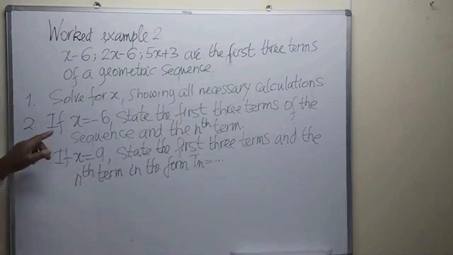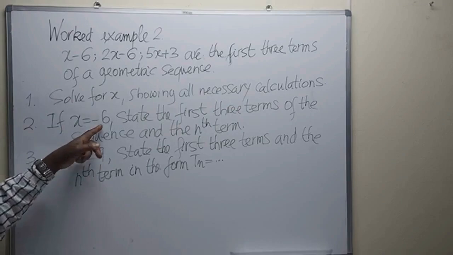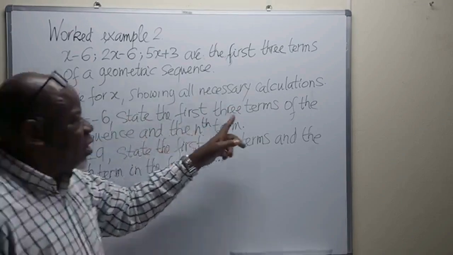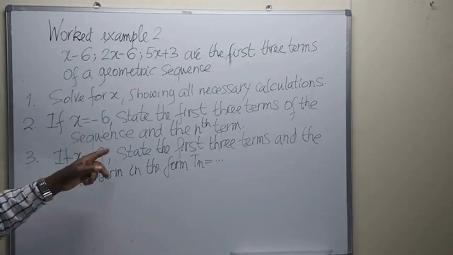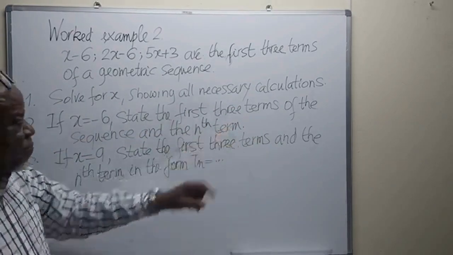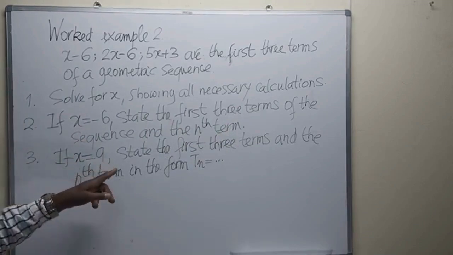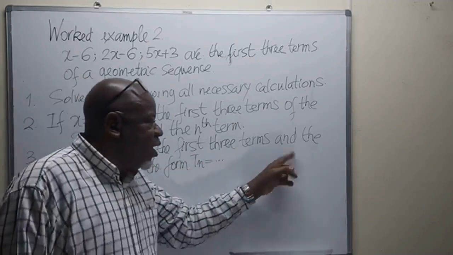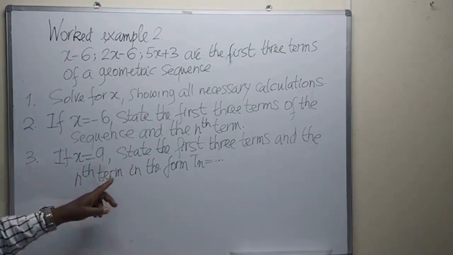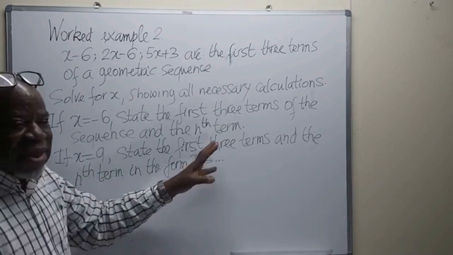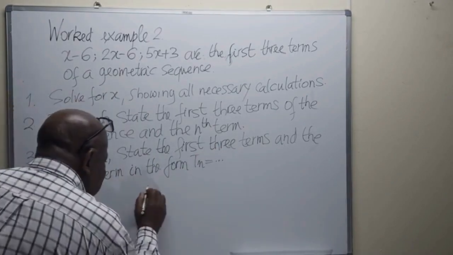Question number 2: if x is equal to negative 6, state the first 3 terms of the sequence and the nth term. Question number 3: if x is equal to 9, state the first 3 terms and then the nth term in the form Tn is equal. So we're going to the solutions.